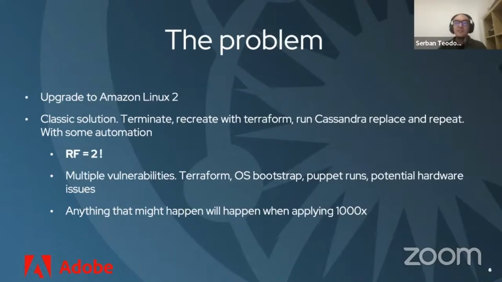Anything that might happen will happen when you do it 1,000 times. And even worse is that we have to do it on 34 different clusters. So I already knew that that wasn't an option.